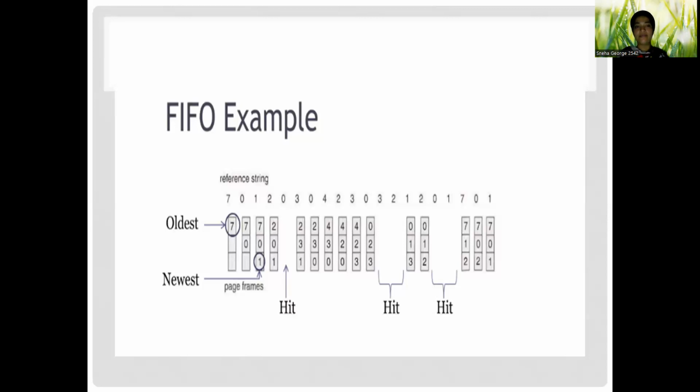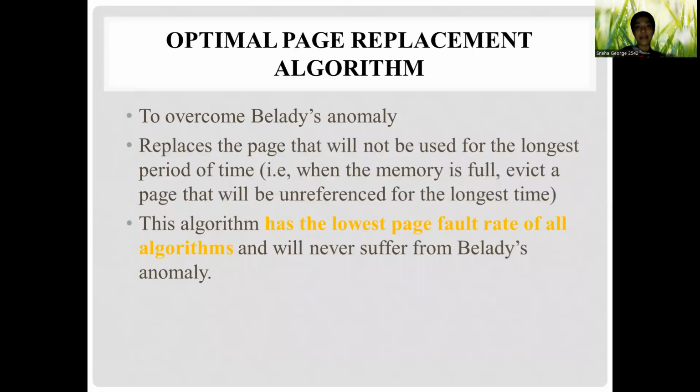There are different cases likewise. So if you increase the frame size and the page faults still increase, that scenario is called Belady's anomaly. In order to overcome Belady's anomaly, we go for the optimal page replacement algorithm.